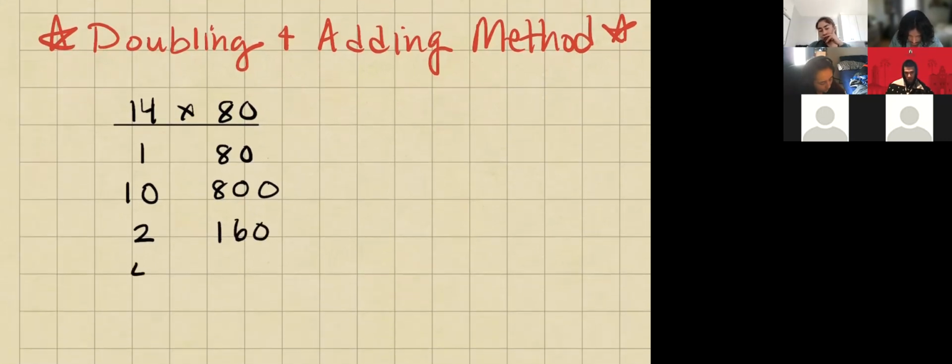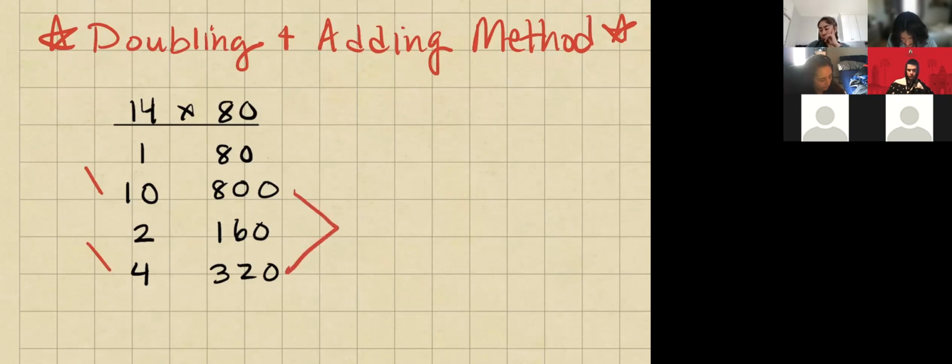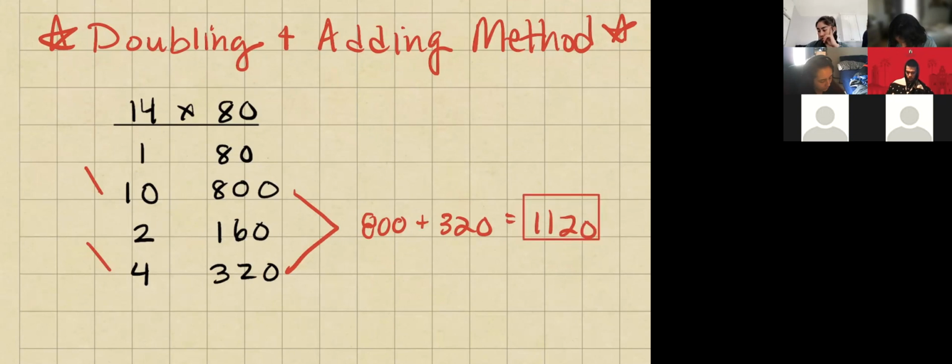And then from there, we can go to 4 to get our 320. And do we have it? Do you see it? There, right? And so you add. And you get your answer.